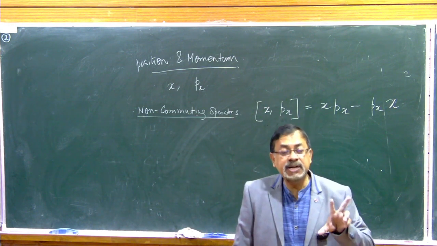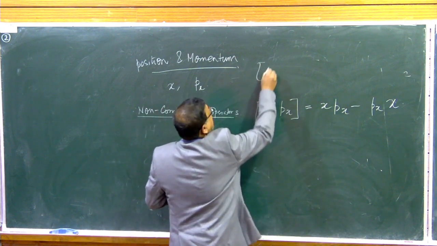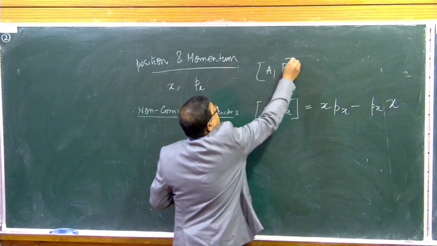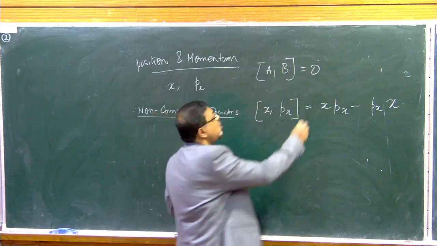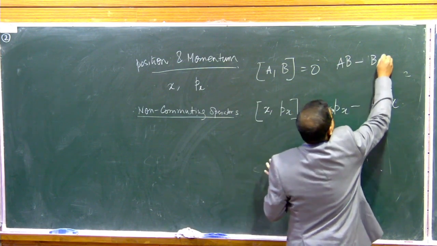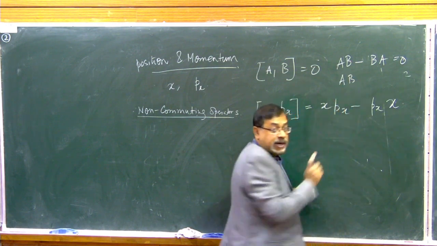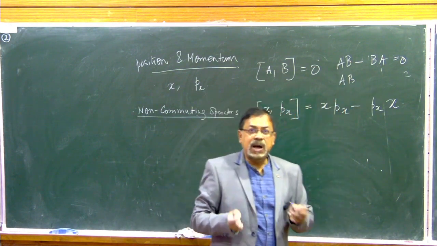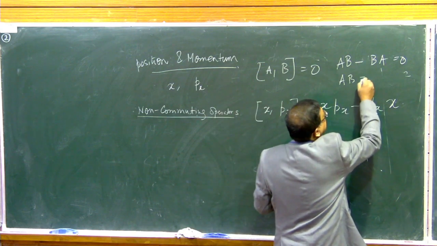If two operators commute, suppose two operators are A and B, some arbitrary operators, if they commute, the commutator is equal to 0, which means that AB minus BA is equal to 0, which means AB is equal to BA. So these are operators. Do not think that they are simple numbers that we are talking about, because AB is otherwise always equal to BA.